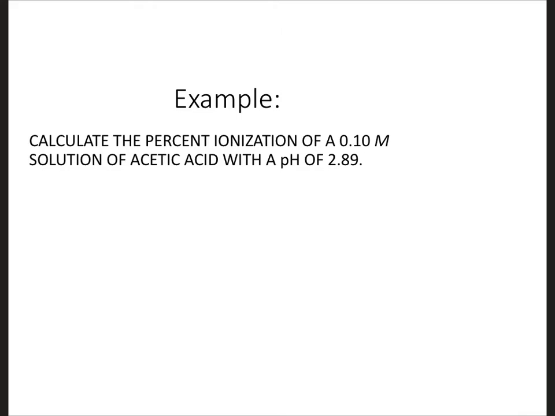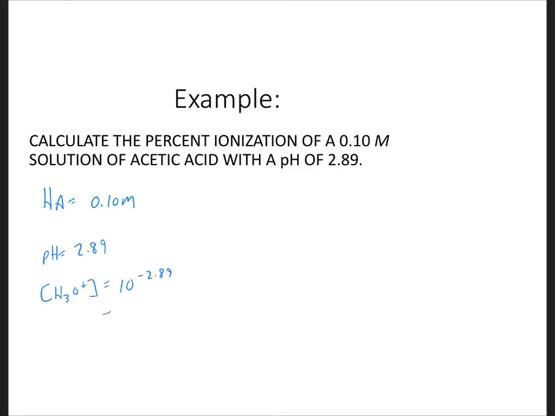And so let's say that our whole, in this case our HA, is going to be equal to 0.10 molar. We have a pH, that pH equals 2.89. If I want to take a pH and turn it back into hydronium ion, I can do that by saying 10 raised to the negative of that pH.